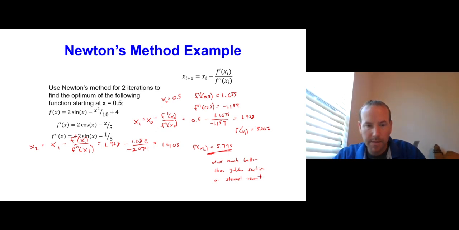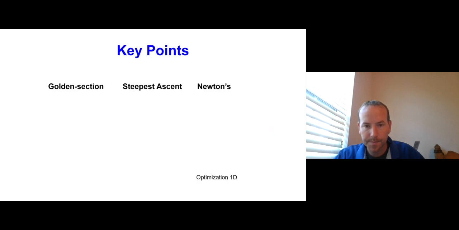Basically, this is a really nice method most of the time, but its disadvantages are that you need to know how to calculate the second derivative very easily, and it also has the potential to diverge.